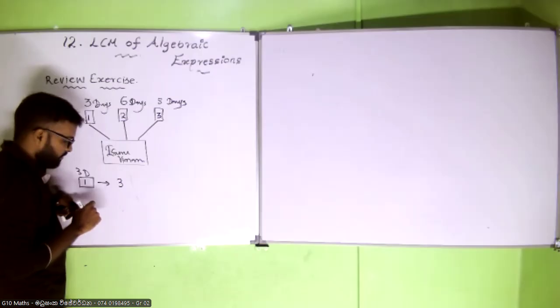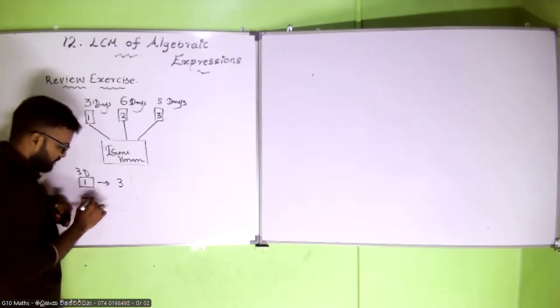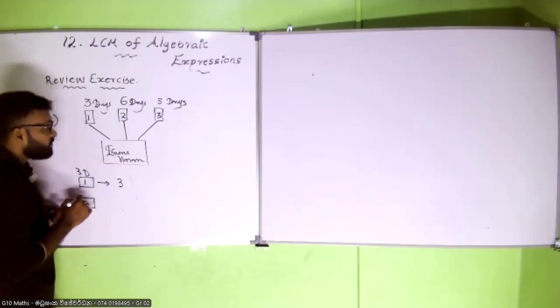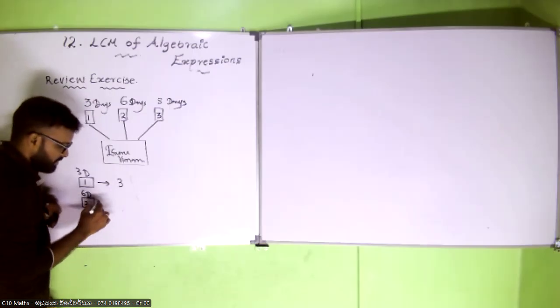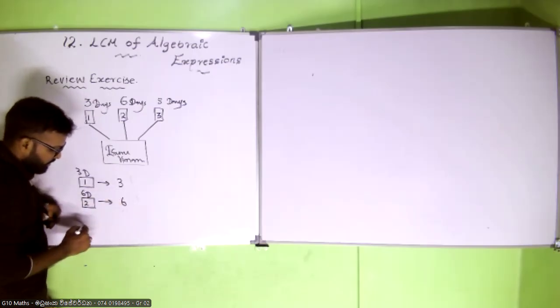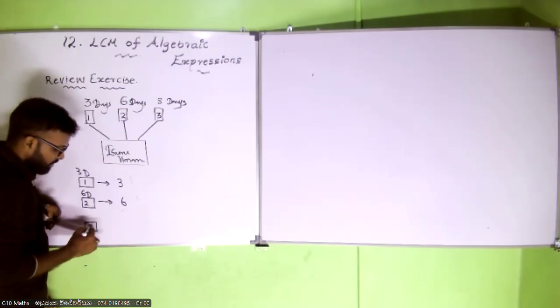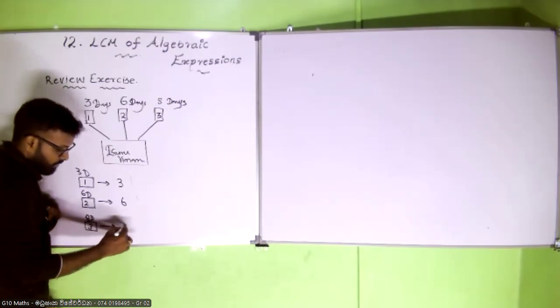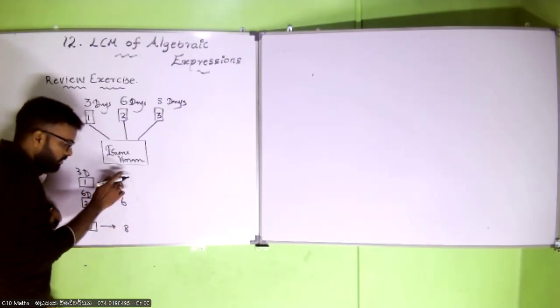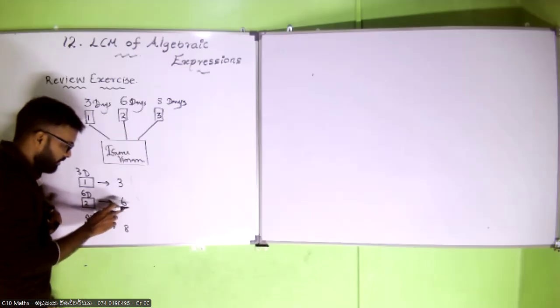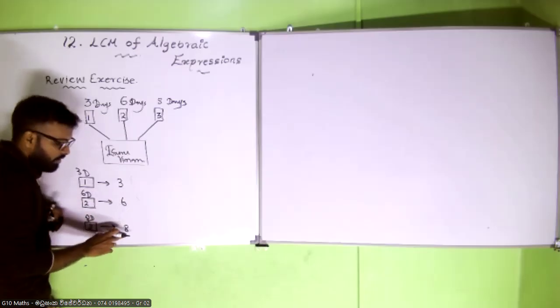The second van is arriving once every 6 days, and the third van arrives once every 8 days. This is the first starting point. So the first van arrives once every 3 days, the second van once every 6 days, the third van once every 8 days.